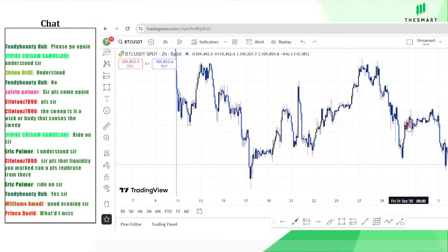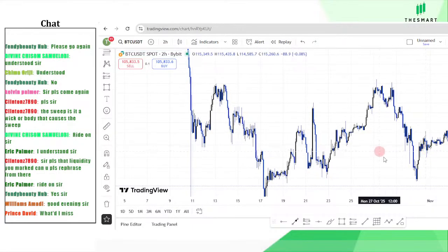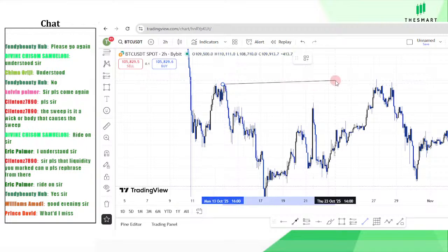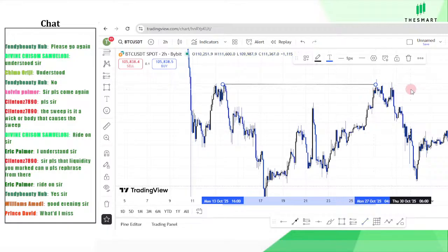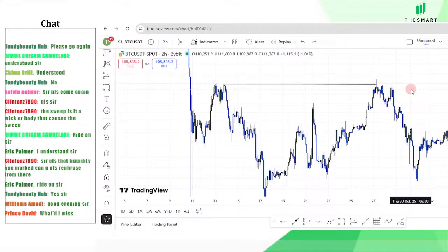Okay, so here on BTC, this is what we have. Look at this supply. So looking at this supply, what do we notice? What can you see?